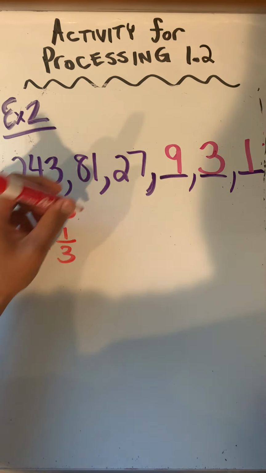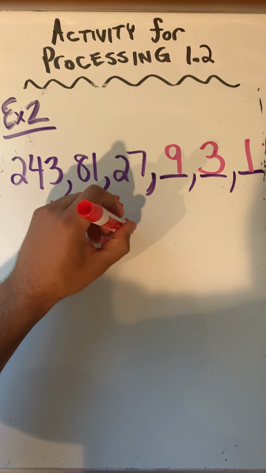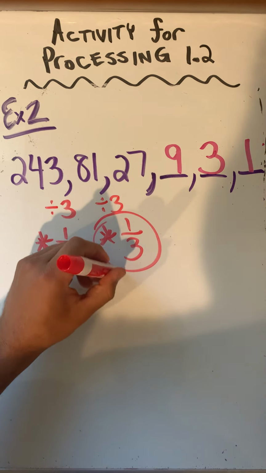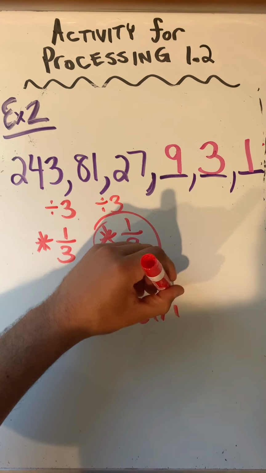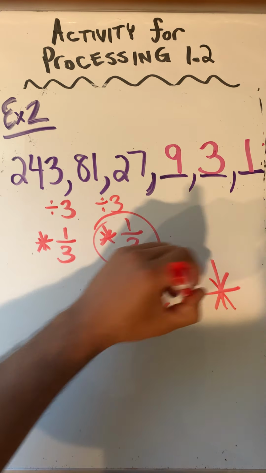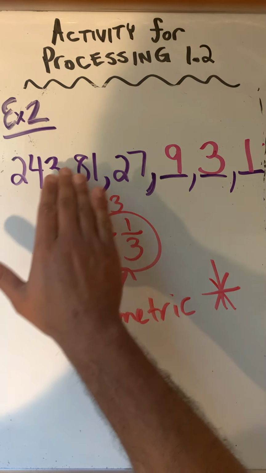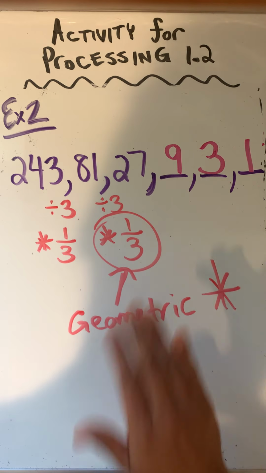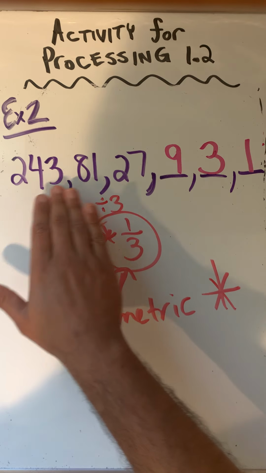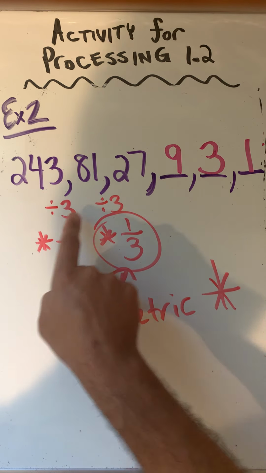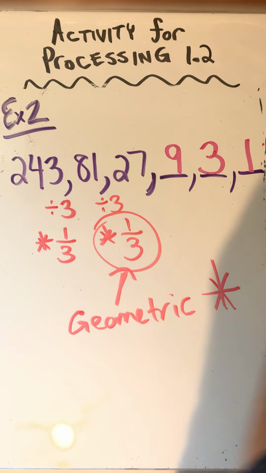So you could have done that here too. 81 divided by 3 is 27. Or we could say we're multiplying by 1/3. This is going to be the preferred format for geometric sequences. When you're asking for the growth factor of multiplication, if you notice it's declining, the odds are that it needs to be a fraction. And if you can't visualize the fraction, you can just divide and then take the reciprocal to get your growth factor that way. Many ways to go about it.